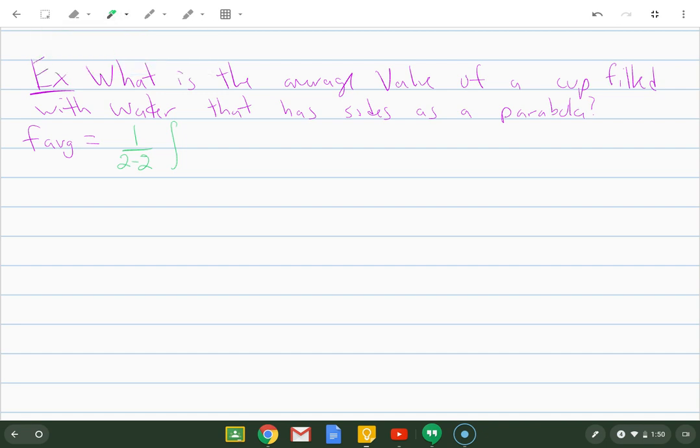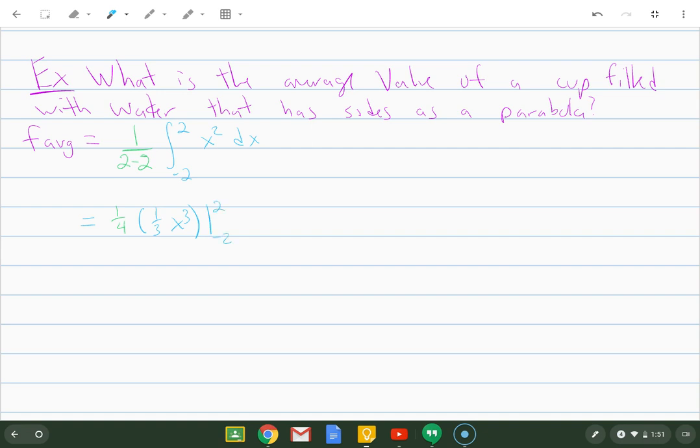We'll do that in blue. So the integral from -2 to +2 of our function, in this case x squared dx. Then that's going to be 1/4 times the integral part, which is 1/3 x cubed, evaluated from -2 to +2.